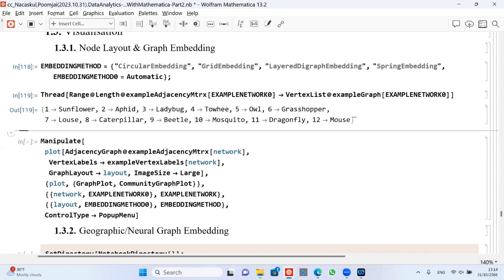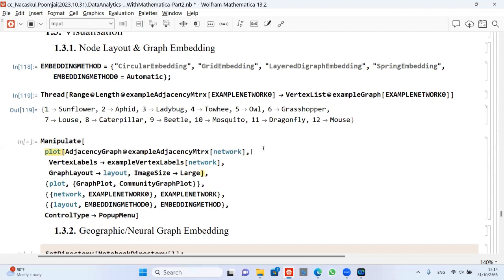This is for labeling purposes. Remember, I was drawing the picture, and I want to say, this is a mouse, this is aphid, this is grasshopper. I don't want to use numbers, but because it's a matrix, it's 1, 2, 3, 4, 5, 6, 7, 8, 9, 10. So I create this thing here as a naming.